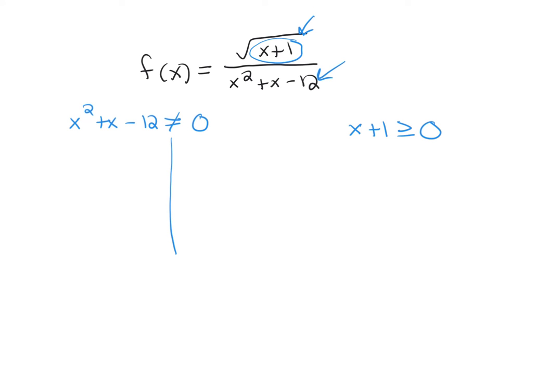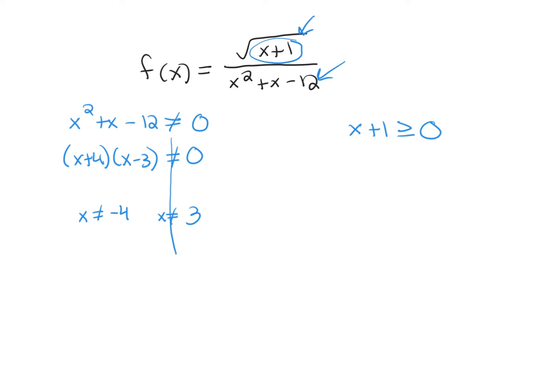Here I'm going to factor. This factors to x plus 4 times x minus 3, and this cannot be 0. Therefore, x cannot be negative 4, and x cannot be positive 3.